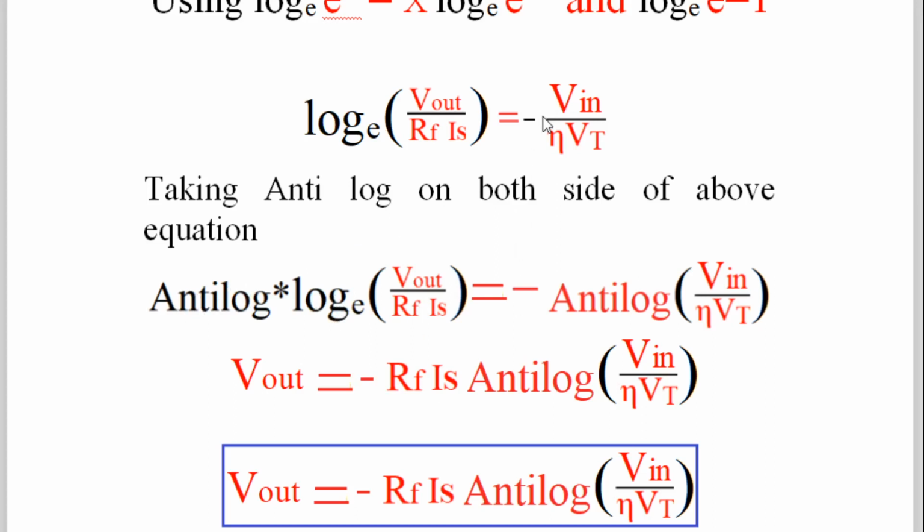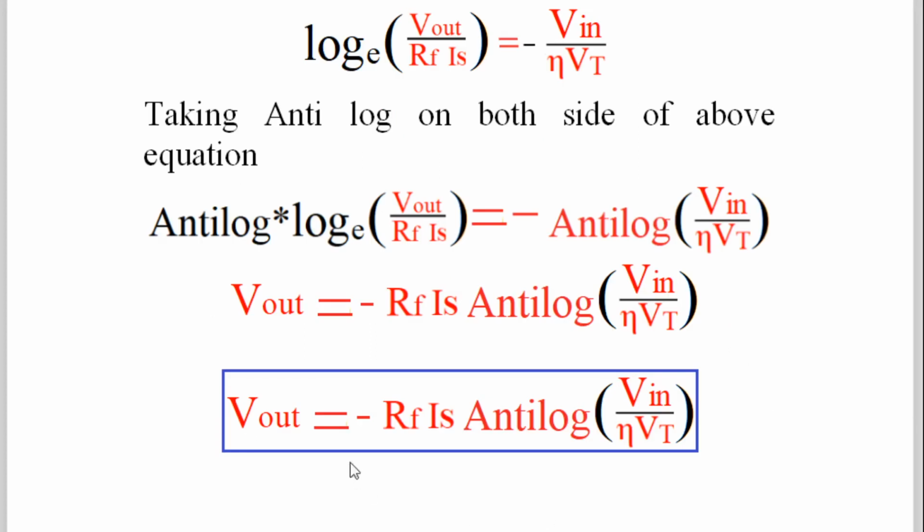On the right hand side the minus sign is as it is, antilog of this particular x parameter, that is V in divided by eta into Vt. Now antilog and log get cancelled, therefore V out is equal to, Rf and Is, which is divided here, will get multiplied on the right hand side. So minus Rf into Is antilog of V in divided by eta into Vt.